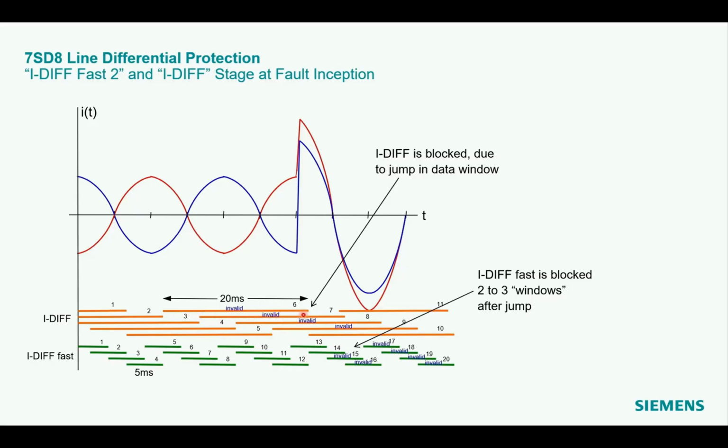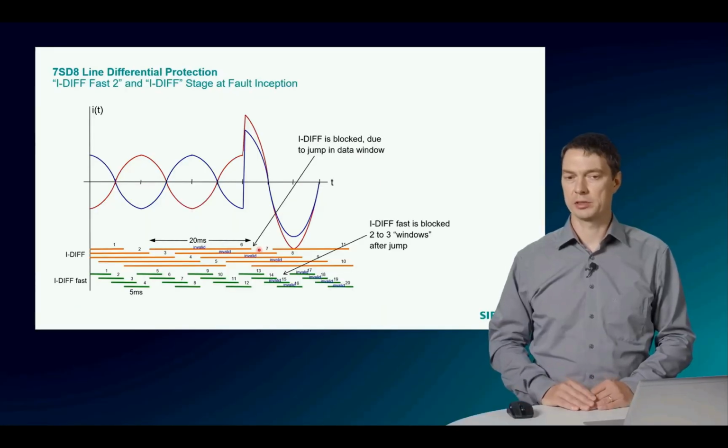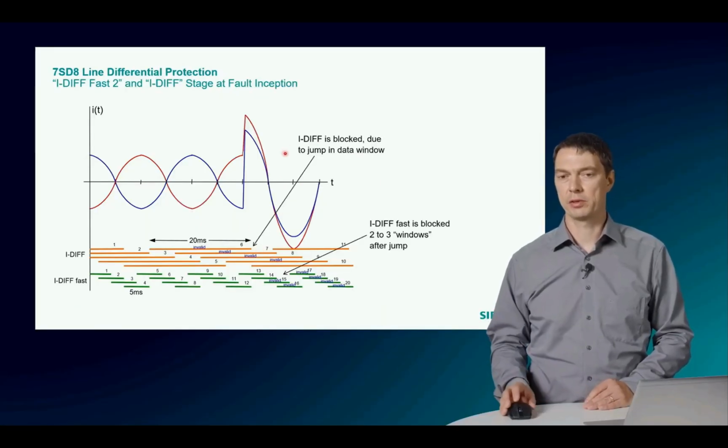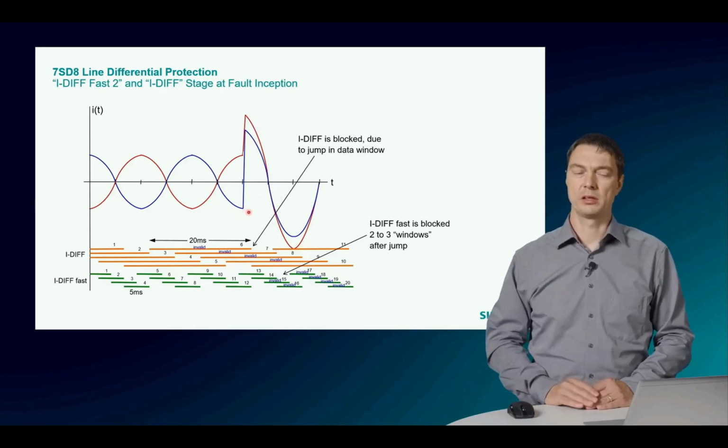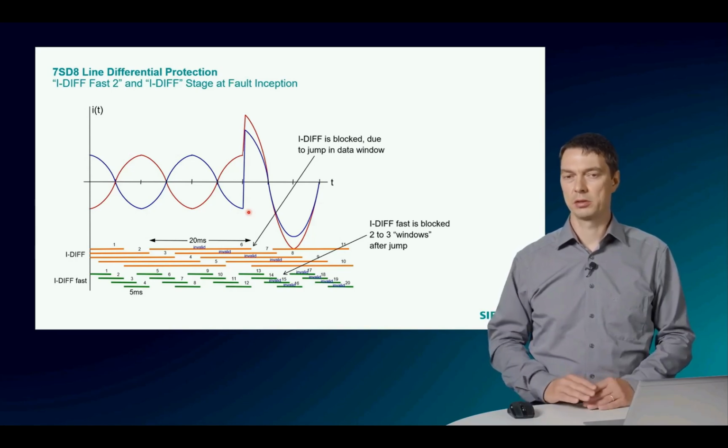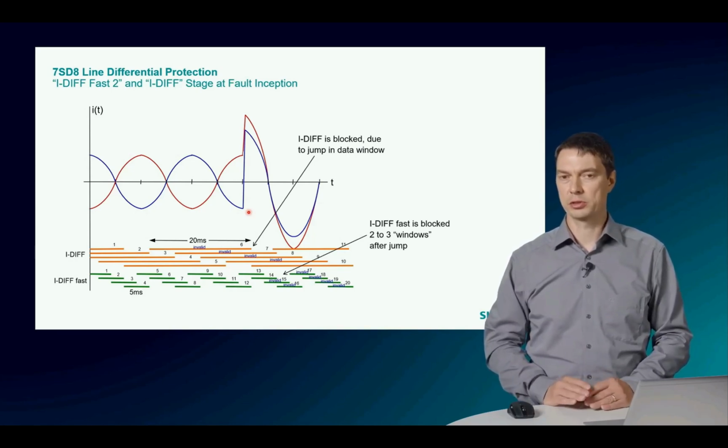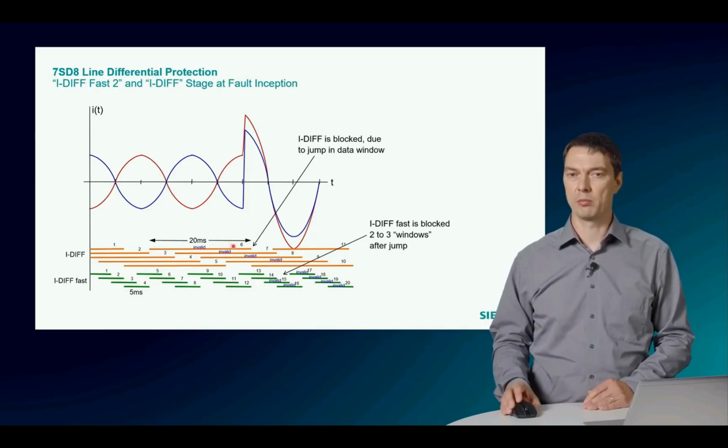When we have a fault inception during such a calculation window, this will impact our calculated phasors. So that means if we have detected fault inception, the IDIF, the differential current calculation, gets blocked, and these windows are then marked as invalid.